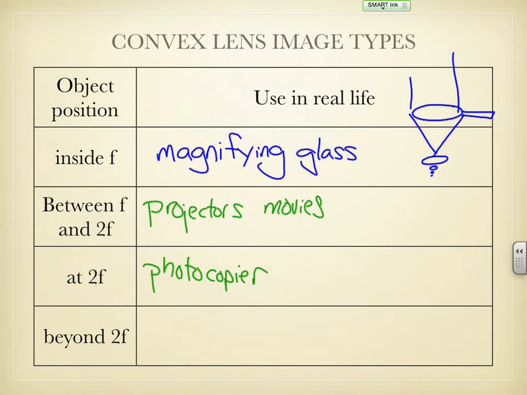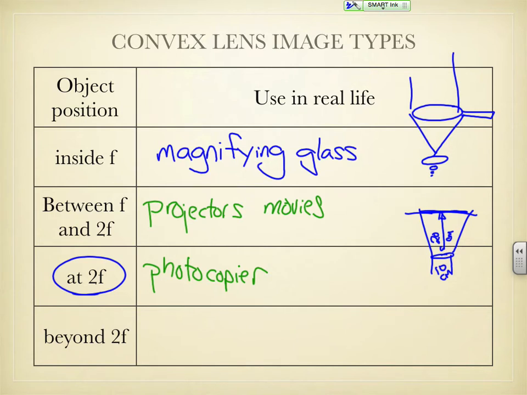If you look underneath the glass that the paper sits on top of, there is a lens looking up at the piece of paper, and it's exactly twice the focal length of this lens. So if this is a 10 centimeter lens, then this distance has to be 20 centimeters to make a perfect size copy.